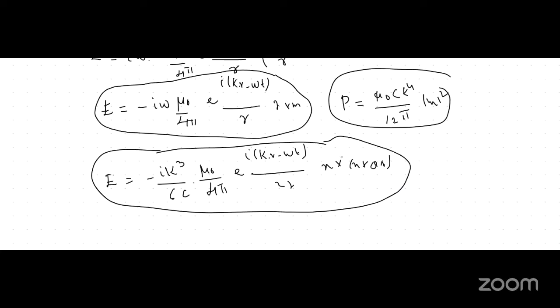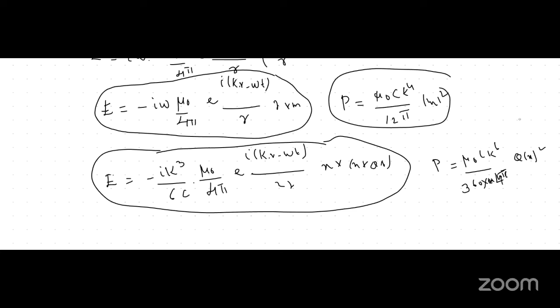Similarly, the total power radiated by this quadrupole is given by P equals mu naught c k to the power 6 by 360 times 4 pi, into Q of x whole squared. This is the total power radiated.